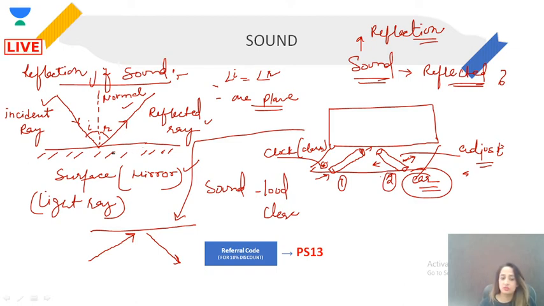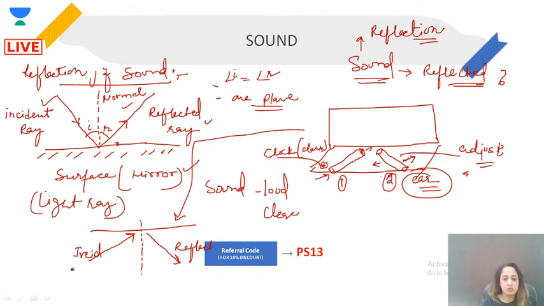So this is what we call reflection, and we say this is the incident ray of sound and this is the reflected ray of sound, and again there is a normal that we can draw, and the angle of incidence and the angle of reflection are again going to be the same. So this was also about reflection of sound, okay.